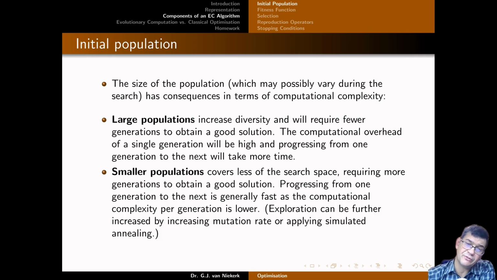Smaller populations, of course, have much less diversity because it's a small population, and it also covers less of the search space as a result, and it's going to require quite a few generations to obtain a good solution, but progressing from one generation to the next is generally very, very fast. So that also needs to be considered. So usually the impact of the size of the population needs to be carefully considered.